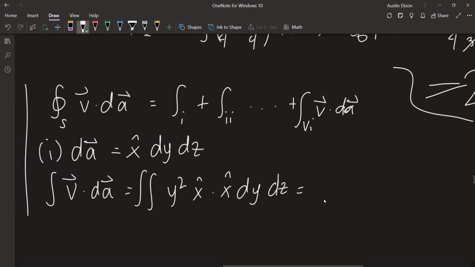And that is just y squared integrated 0 to 1 lang din yung area mo, di ba? Kasi 0 to 1 lang din naman yung face ng cube. So, matitira will be y cube over 3, dz. Evaluate natin from 1 to 0, that is just 1/3. So, burahin na natin. 1/3.